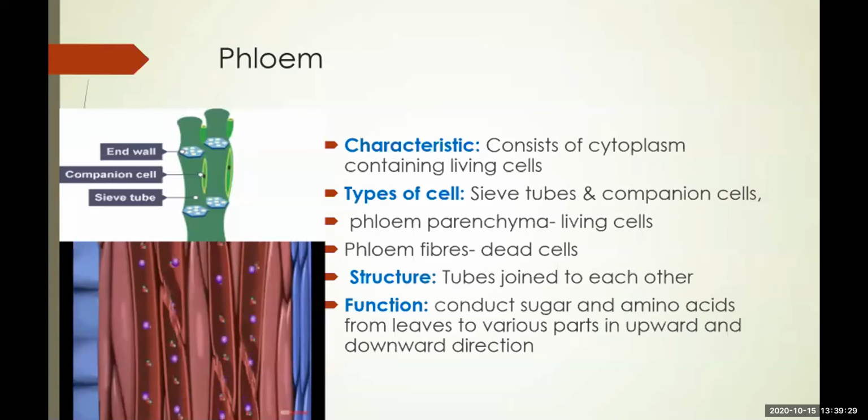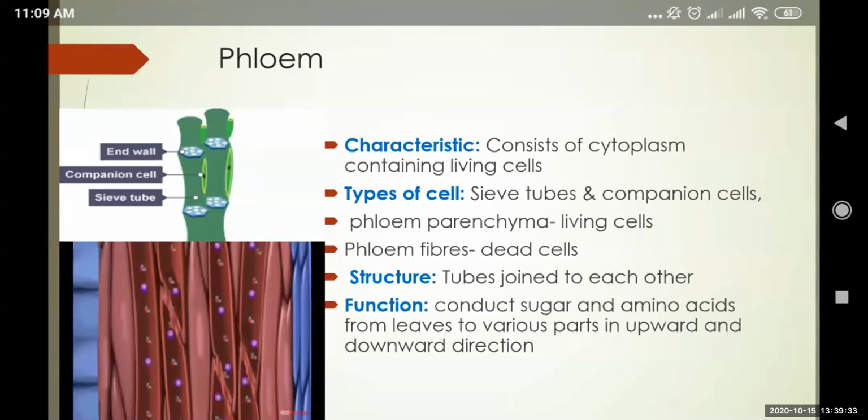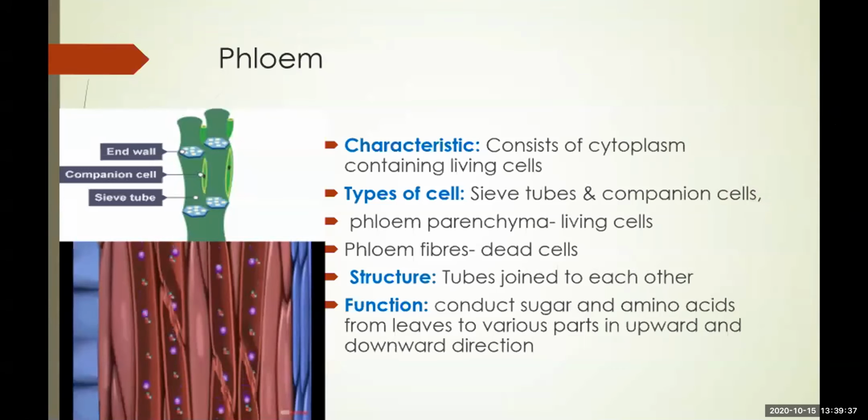So I will again repeat about the permanent tissues. The permanent tissues of the plants are of two types. First is xylem, which consists of xylem vessels and tracheids, xylem parenchyma, which are the living cells, and xylem fibers, which are the dead cells.